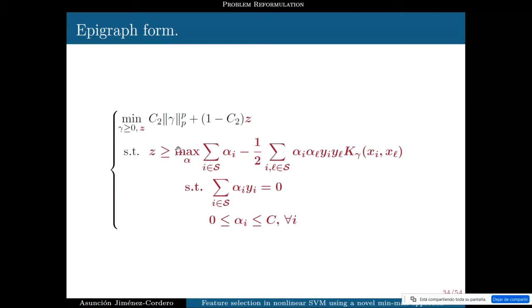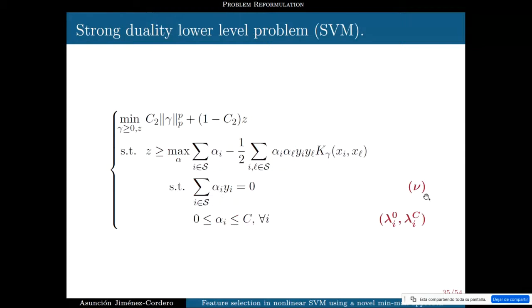Then, since the dual of the SVM problem has a quadratic objective function with linear constraints, we can use all the duality theory, and this is exactly what we do. So we define the dual decision variables for each one of the constraints, and we compute the dual of the lower level problem here.